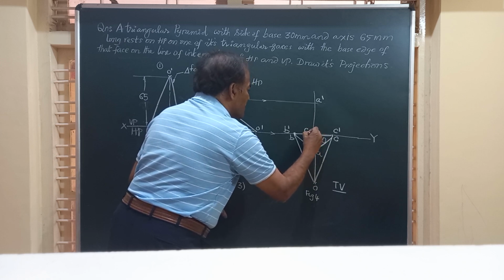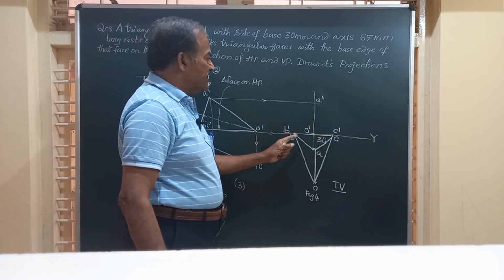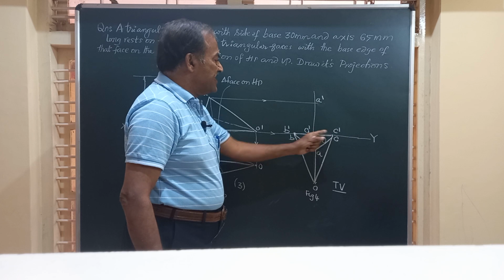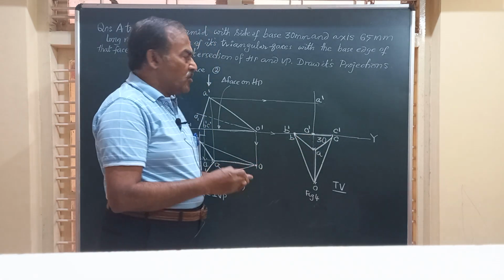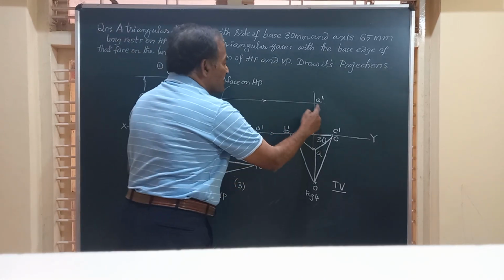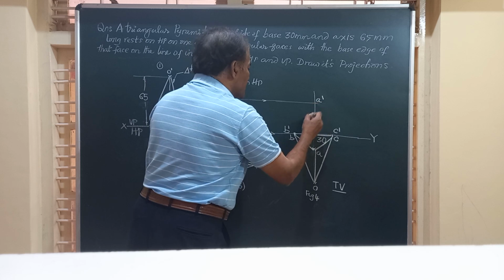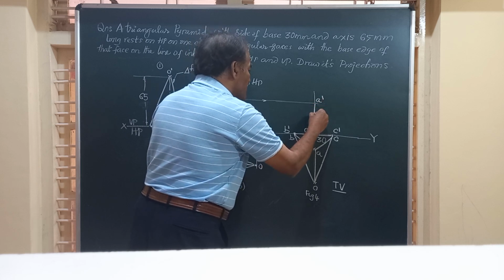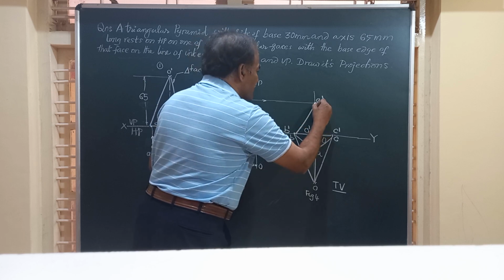Friends, we have got all 4 points, 3 for the base, that is A dash, B dash, C dash, and 1 point for the vertex. Now we are going to join all these corners of the base to the vertex. So friends, just join there. This is O to A, one of the slant edges, then A to B is one of the sides.